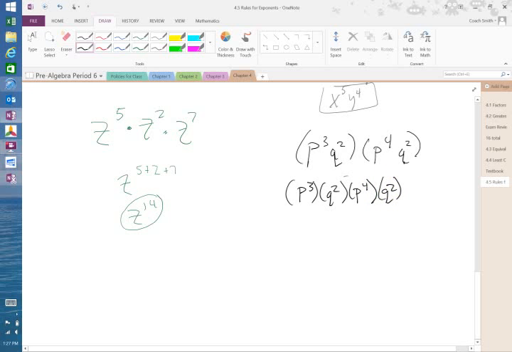Those two problems are equivalent, because where there is no sign between the p and the q, it means to multiply. So now I can treat them as 4 different factors. Then I can use the commutative property and rearrange those factors.